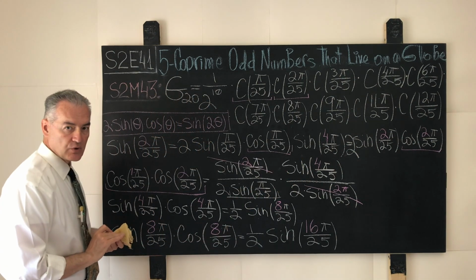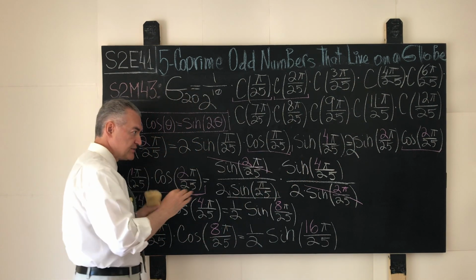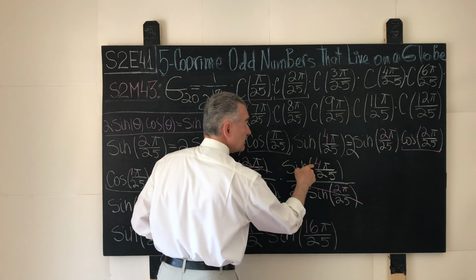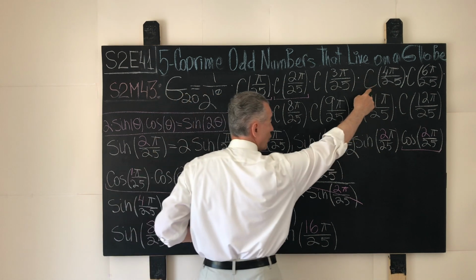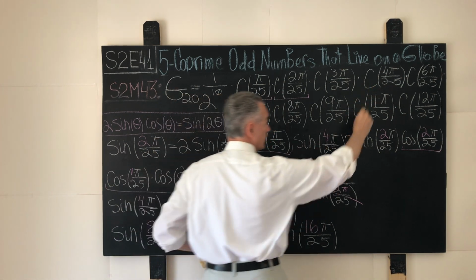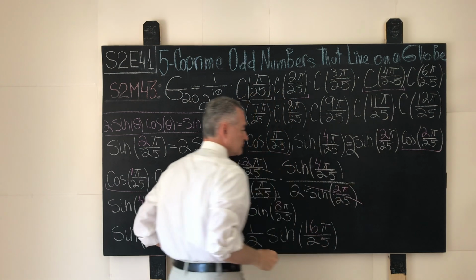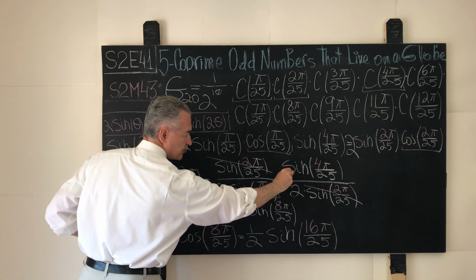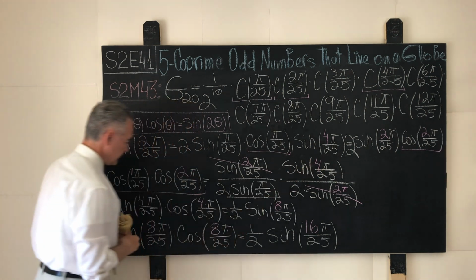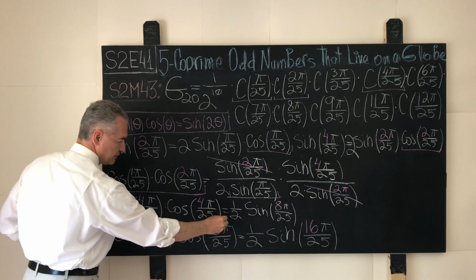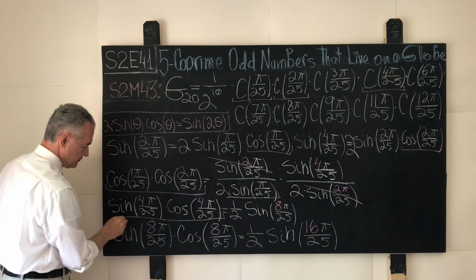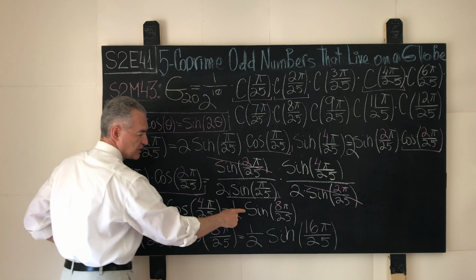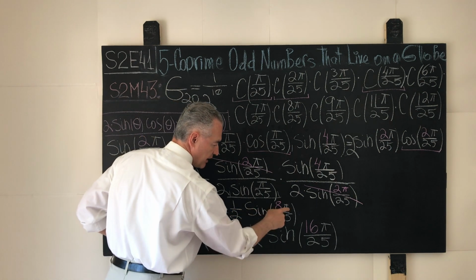But now look at what happens, the magic of this trigonometric product. The sine of 4 pi over 25 meets happily the cosine of 4 pi over 25, this guy. You see? So now when this usual suspect sine of 4 pi over 25 meets the cosine here, this formula right here, according to this, is 1 over 2 times sine of 8 pi over 25.